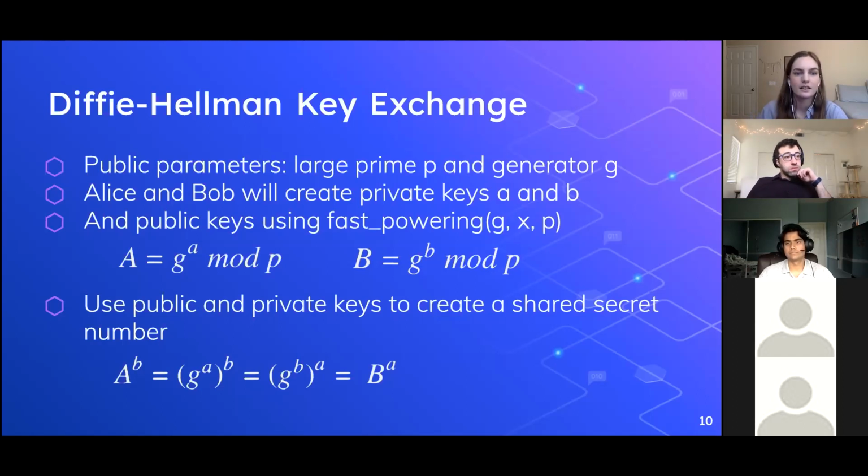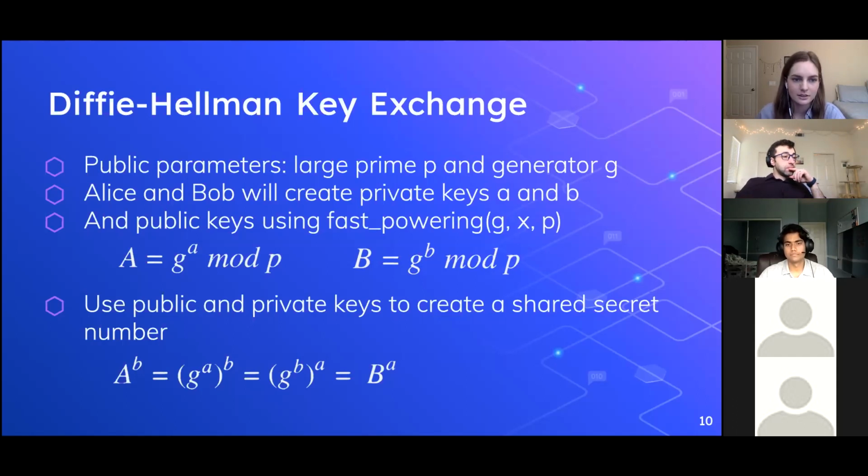And then they're going to use these private keys to compute public keys. So they're going to do this by using the public parameters that were established, so P and G, as well as their private key. So what Alice is going to do to compute her public key is she's going to do G to the a mod P, of course using our fast powering algorithm so that it's a much faster process.